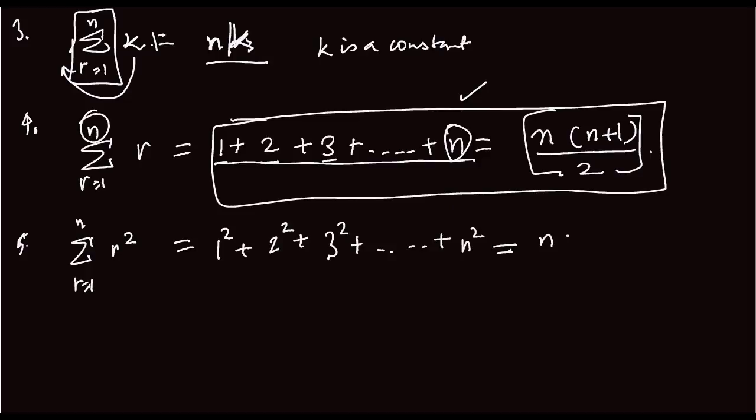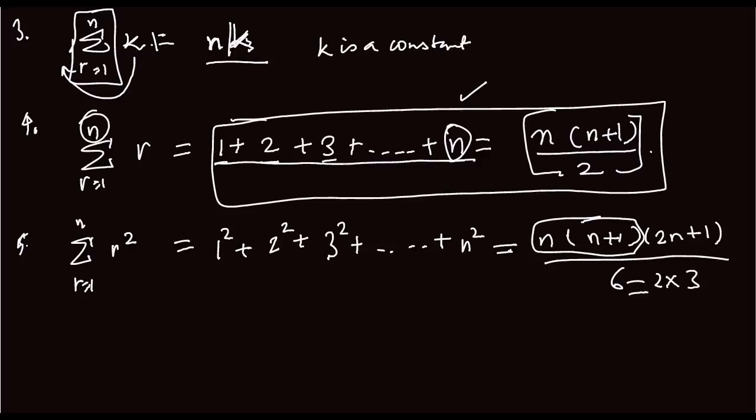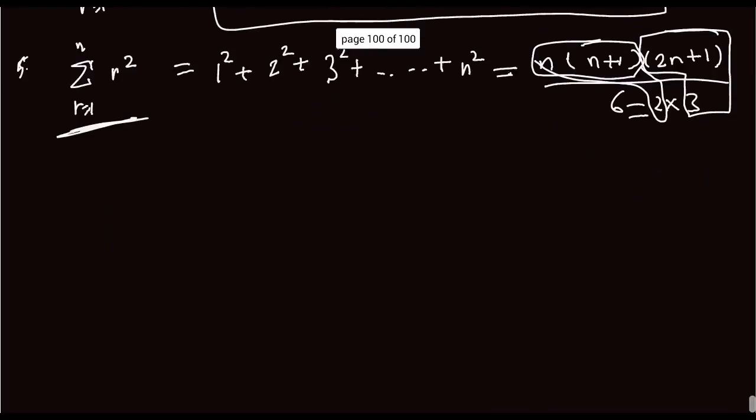The summation is given by n(n plus 1)(2n plus 1) by 6. So this factor is common. You can divide this 6 as 2 into 3. So this factor n(n plus 1) by 2 is the summation of the first n terms, and you multiply it by (2n plus 1) by 3 to get the summation of r square.